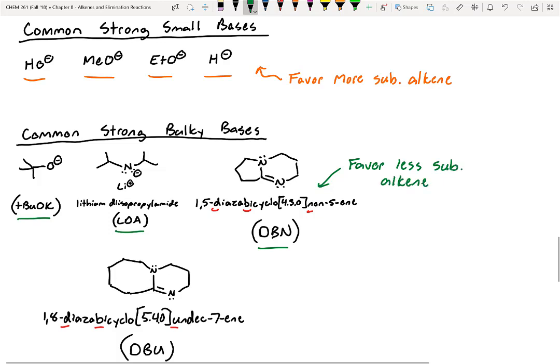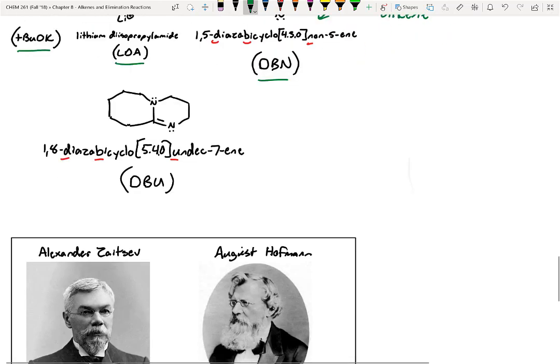All right, so try to remember what these bases are used for and when they're appropriate to use them for a certain transformation. All right, last but not least, we need to look at the historical context.